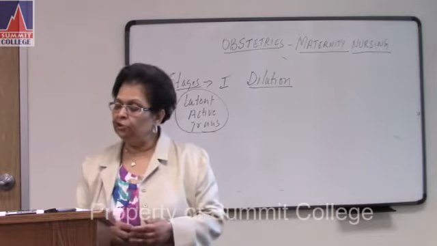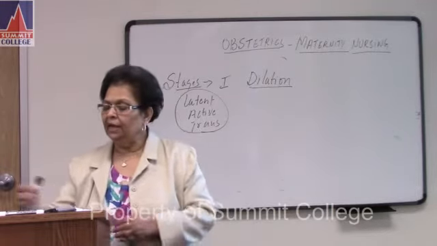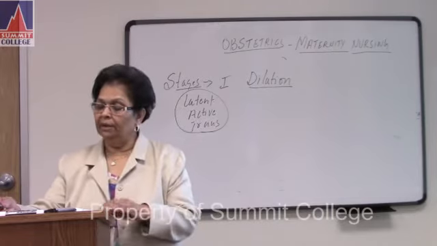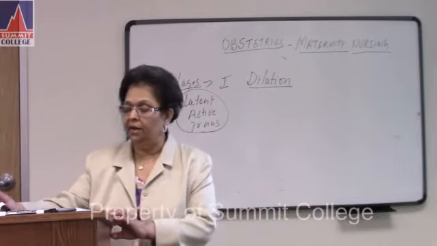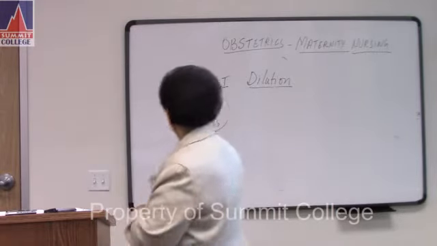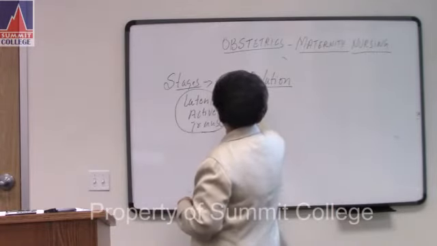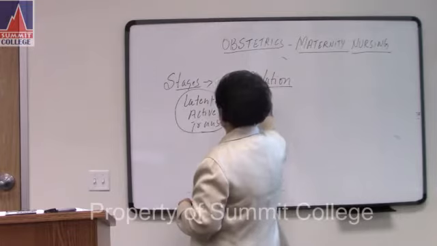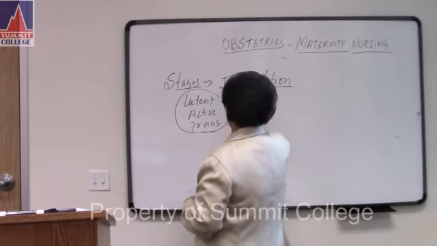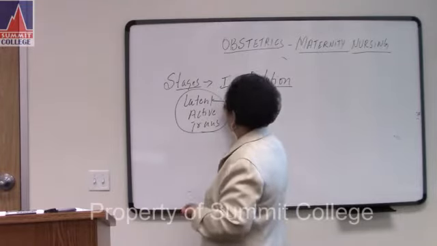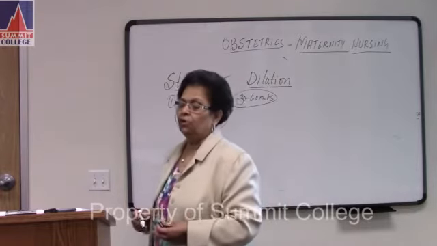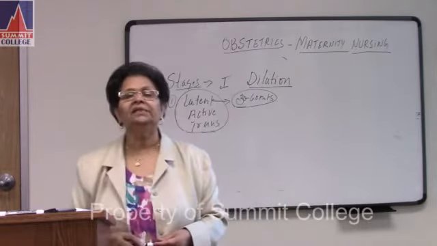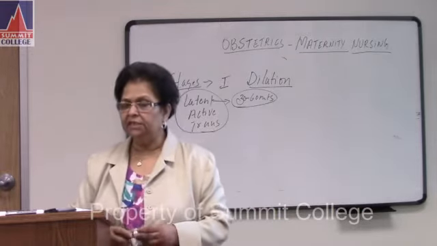And how frequently should you monitor the mother in the latent stage? You can monitor the mother every 30 to 60 minutes. That means as a nurse, check the fetal heart rate, keep an eye on the mother. She is only dilated how many centimeters? 3 centimeters. And the mother is still talking.